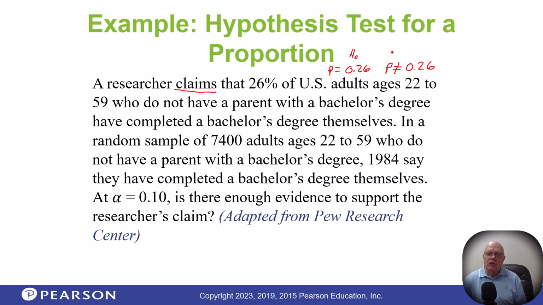That's the null, which means, of course, this one is the alternate. What kind of a test is it going to be? Always look at the alternative hypothesis. It's a two-tailed test. We don't have an inequality pointing one direction or the other. So we've got two rejection regions, one out here and one back here.